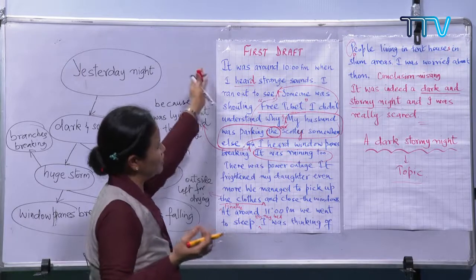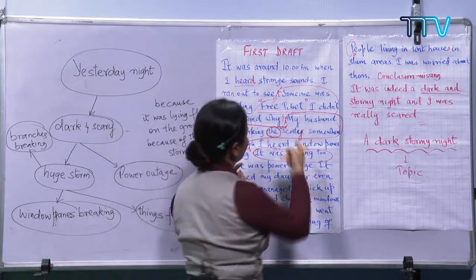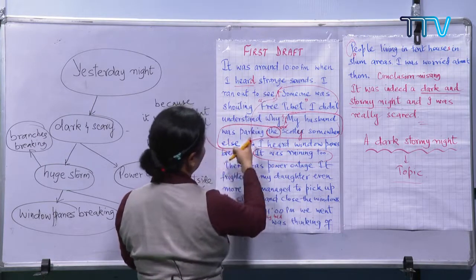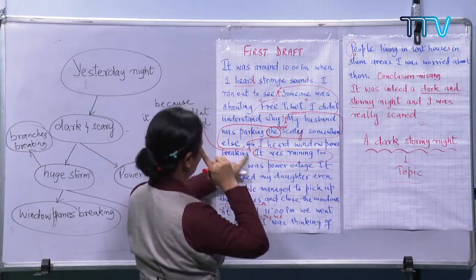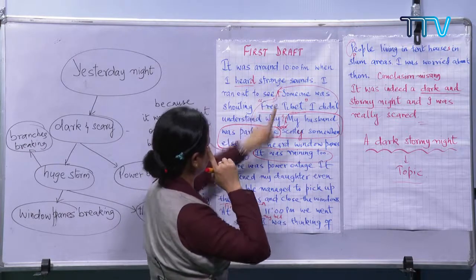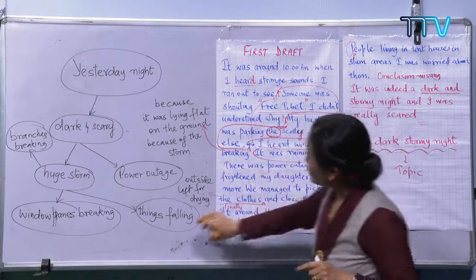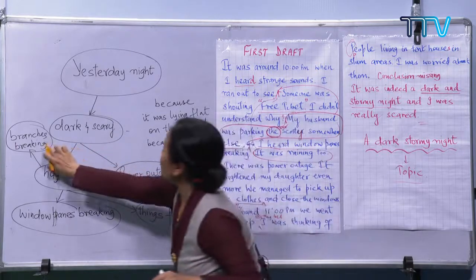Yesterday was a dark night. It was around, we can begin like that. And then we will add. So I ran out to see. Okay. And then like I heard window panes breaking. We added here, right? And yes, we forgot to mention this part. Things falling, branches breaking, we didn't mention.